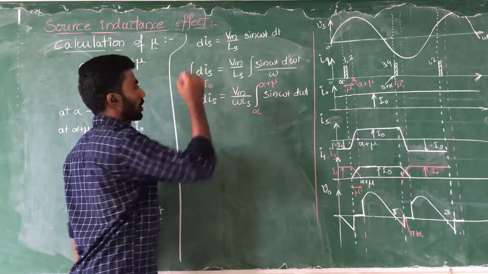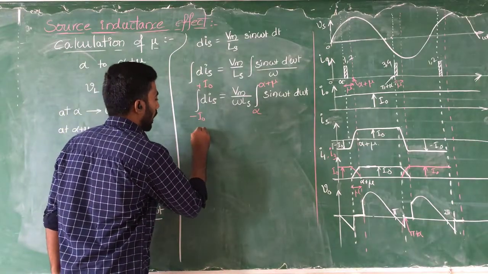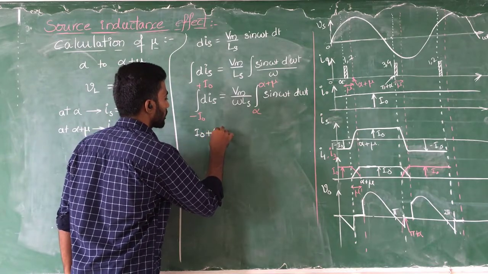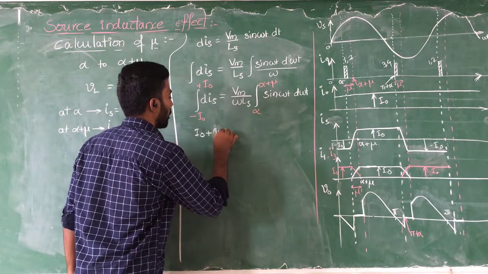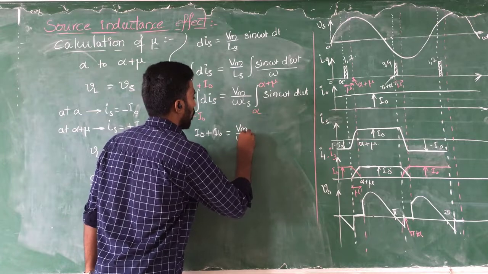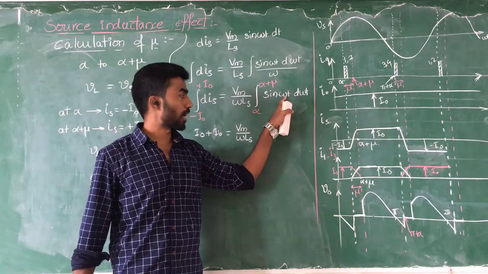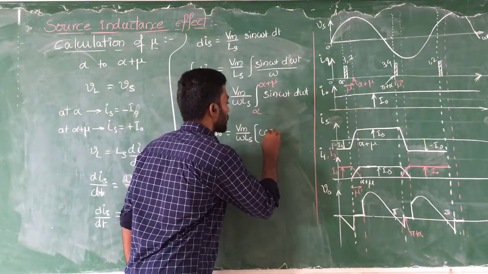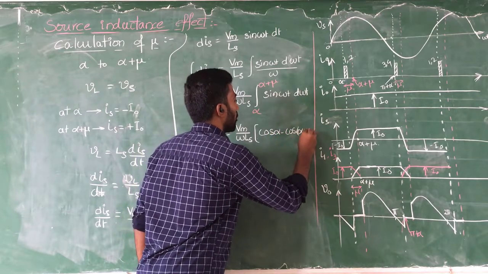Plus I naught. Now integrate this expression: I naught minus of minus I naught, that is plus 2 I naught, is equal to Vm by omega Ls. Sin omega t integration gives minus cos omega t. If we interchange limits and substitute, we will get cos alpha minus cos alpha plus mu.